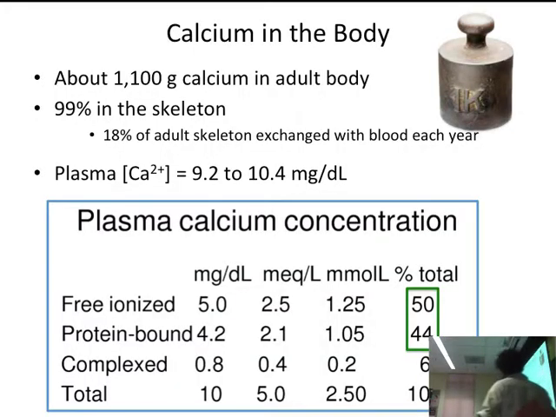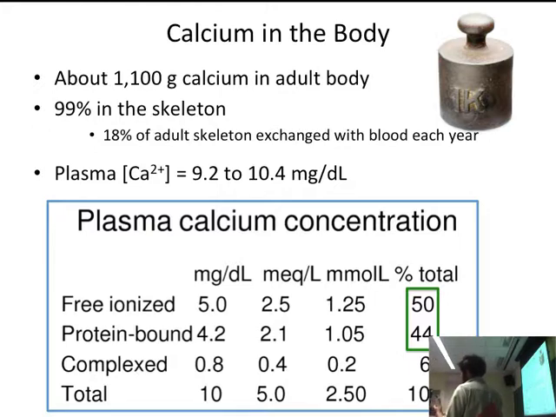All right. So there's a little over 1 kilogram of calcium in the average person's body. That's about 1.1 kilograms, about 2.3 pounds. The vast majority of that is in your skeleton. Although you may not look tremendously different than you did a year ago, over the past year, 18%, roughly 1/5 of your skeleton, was exchanged with the blood.